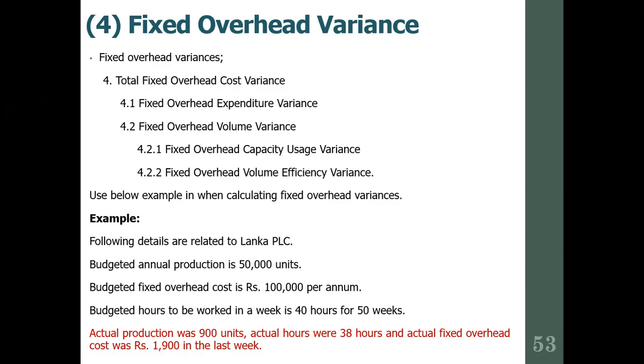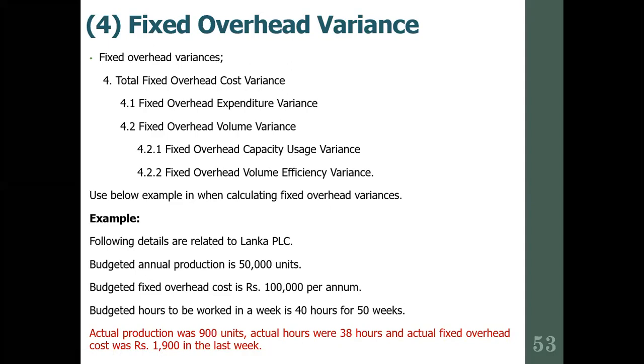So that is the very purpose over here, right? So the expenditure variance: the fixed overhead that you have planned can be different from the actual fixed cost. So it is possible. And also the capacity you have planned can be different from the actual capacity.